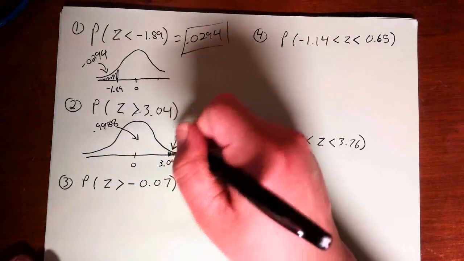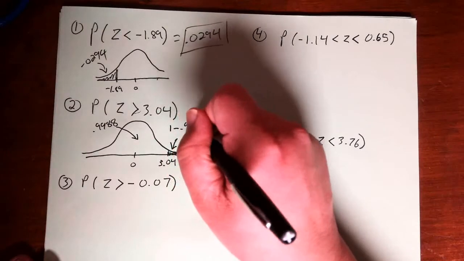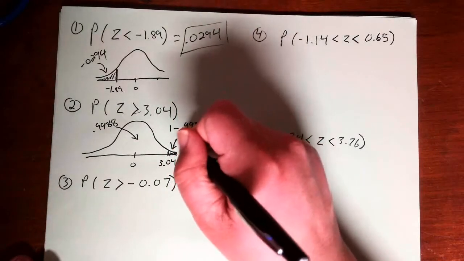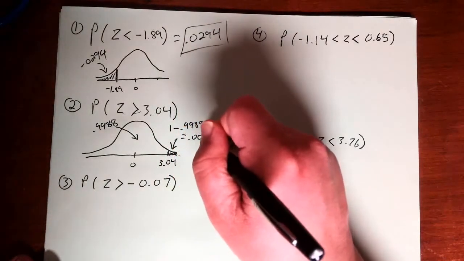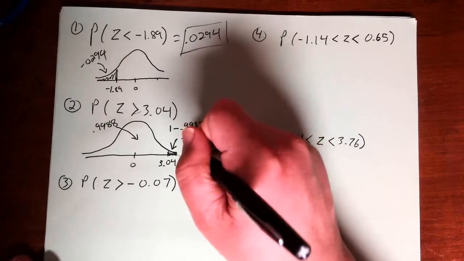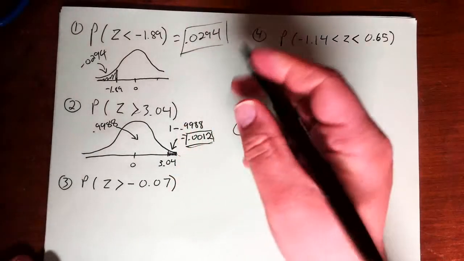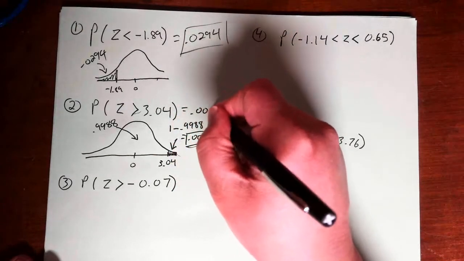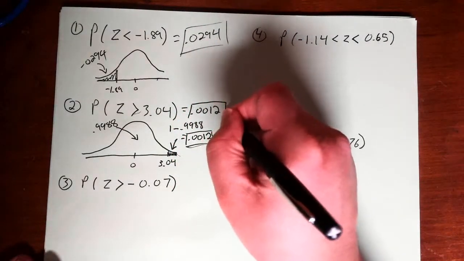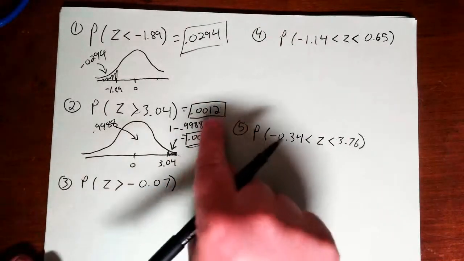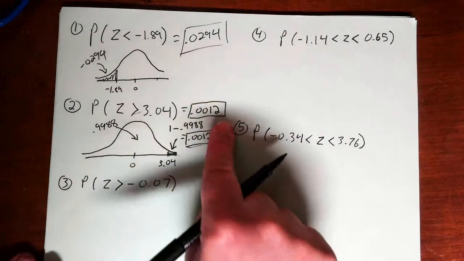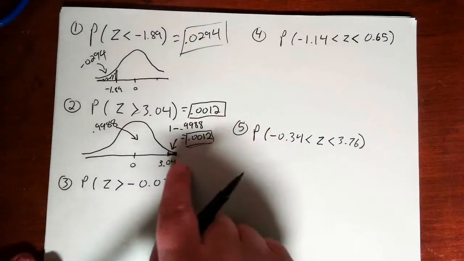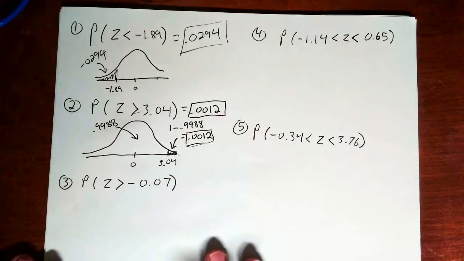So what we have to do is subtract from 1. And when I do that, I get 0.0012. And that is this probability. So very small chance, a fraction of 1%, that it's going to be above a 3.04.